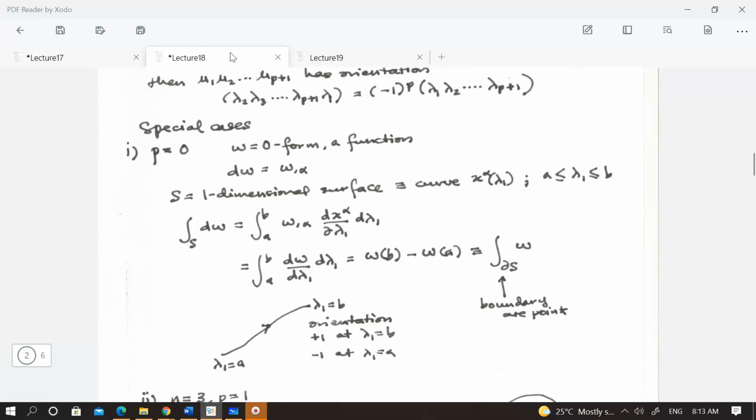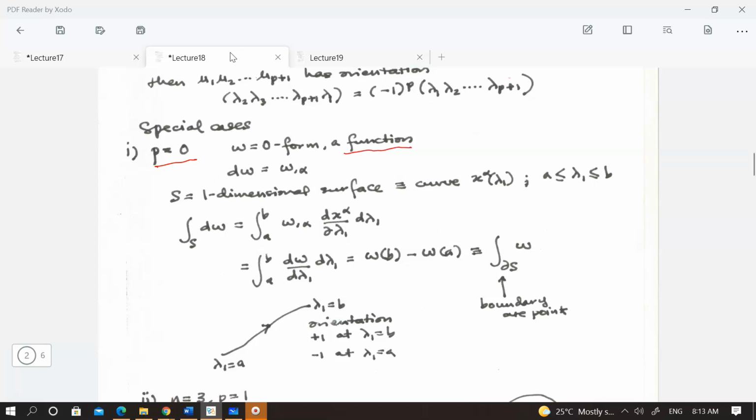Let's take the simplest case, a zero form, p equals 0 here. Your omega will be a zero form, and a zero form is essentially a function.